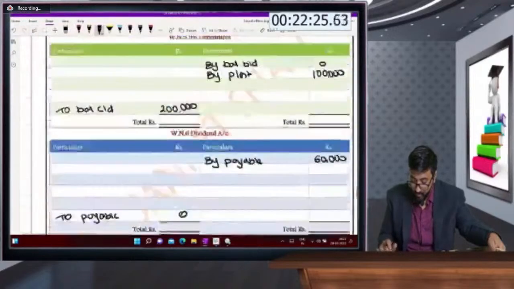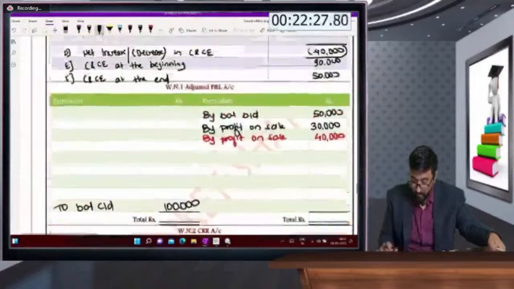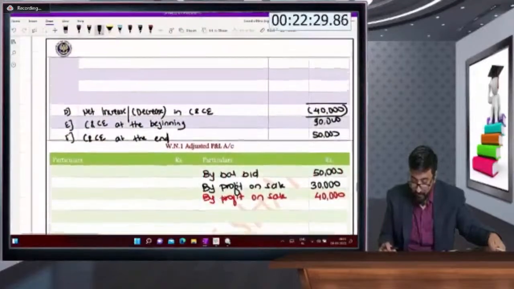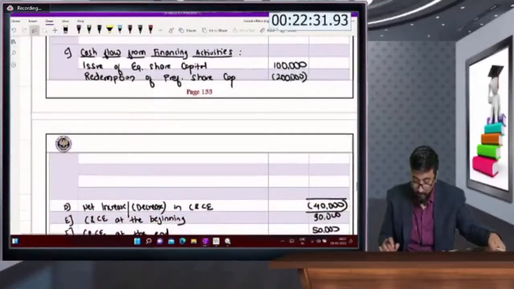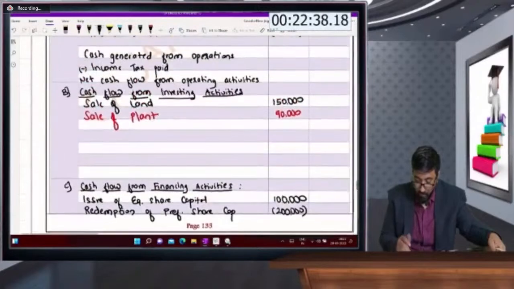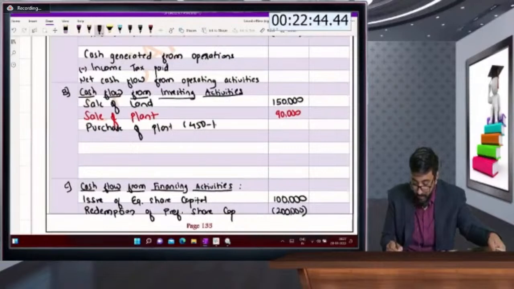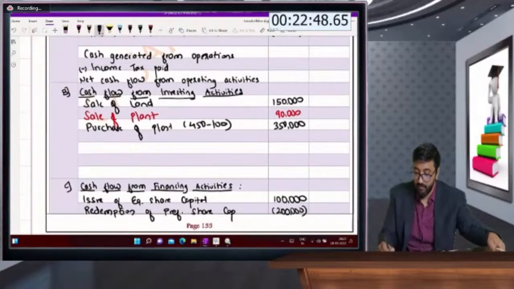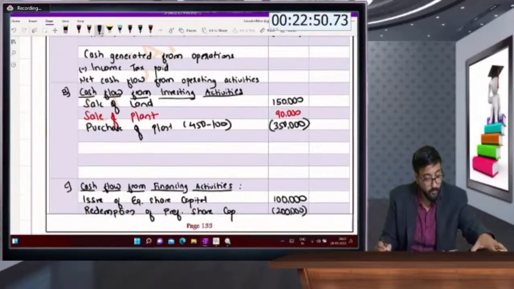And second effect, how much was the cash? 350. So purchase of plant, 4,50,000 minus 1 lakh, that is 3,50,000 outflow.